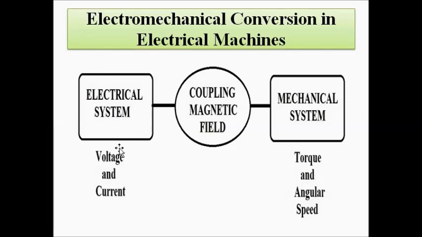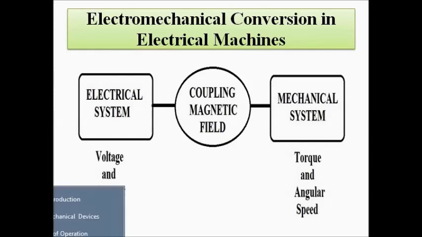So the electrical parameters that are involved are obviously voltage or current, and the mechanical parameters that are involved are torque and angular speed. So the magnetic field will also involve parameters such as magnetic flux density, etc.